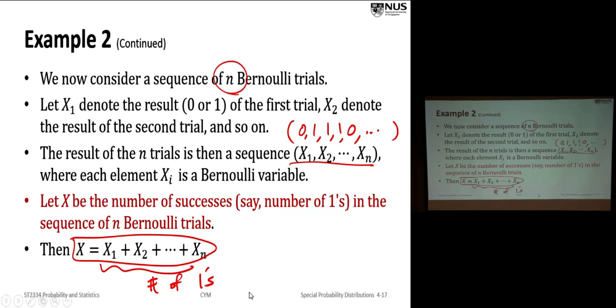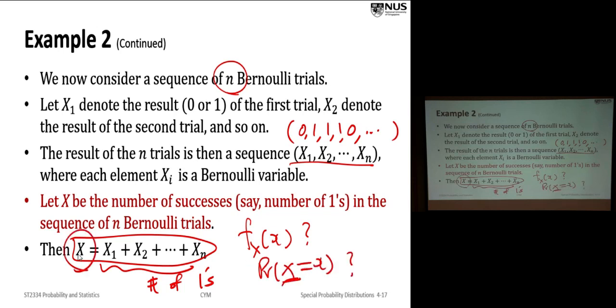Now the question is, what is the probability of X equal to little x? The random variable X equal to a particular value x. Now obviously, this little x can only be 0, 1. Can it be 2? You have n trials. Of course, you can have 2 successes, 3 successes, up to n successes, but cannot go beyond that.